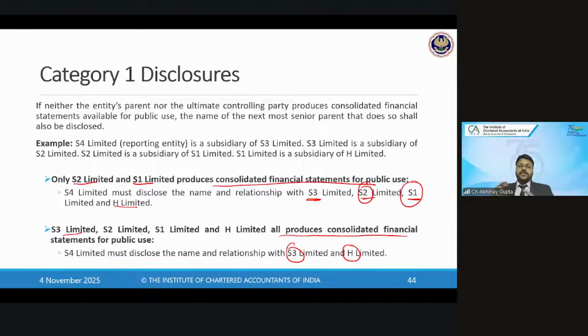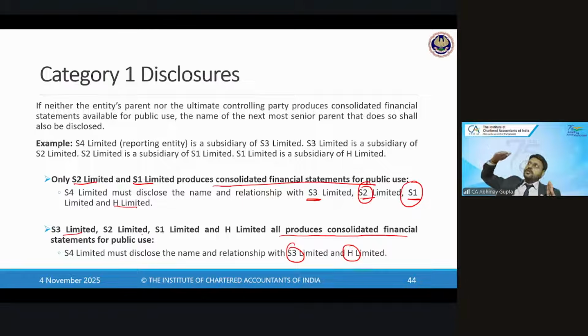So if the ultimate parent company is preparing the CFS, the standard is saying that if you are not going to prepare CFS, then you need to disclose which parent company is preparing the CFS, the one nearest to you. Is your immediate parent preparing? No. Is your second step up parent preparing?